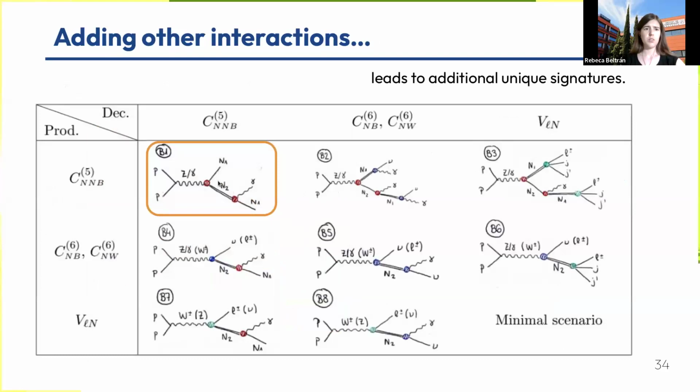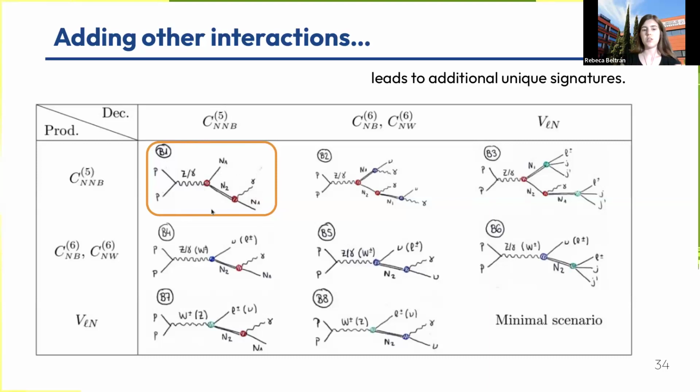In this table, we are classifying different scenarios according to which interaction dominates the production and the decay of the SRL neutrinos. This has to be understood in the following way: the scenarios in the same row all share the same leading production mechanism, while the scenarios in the same column all share the main decay channels.